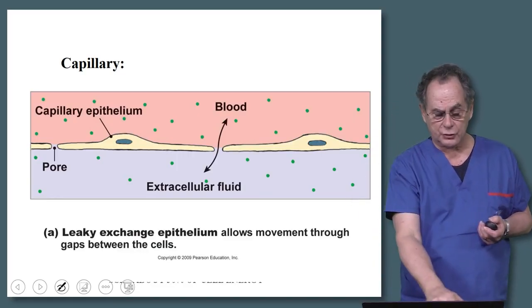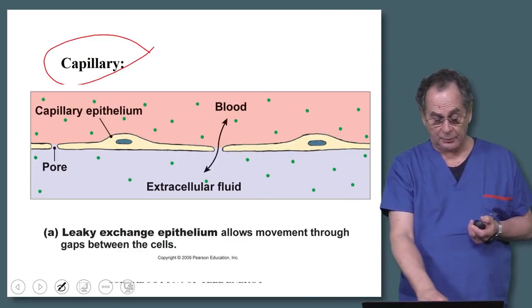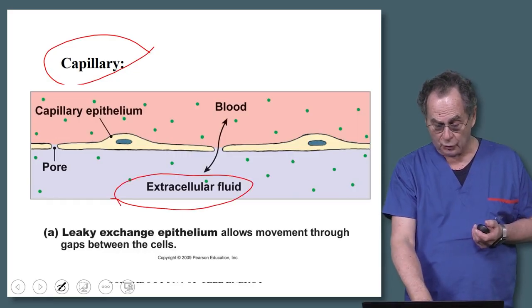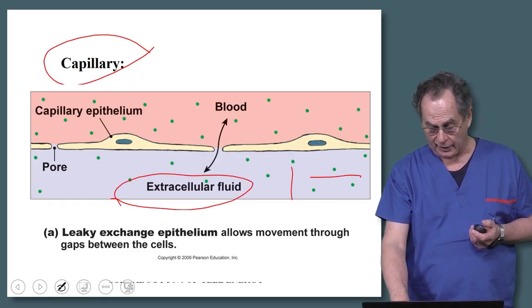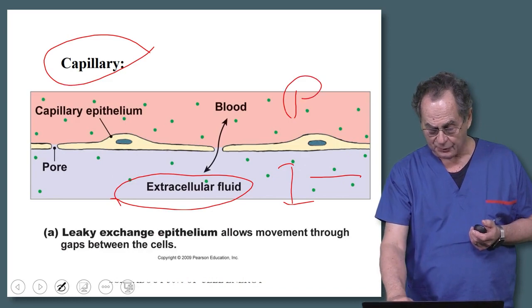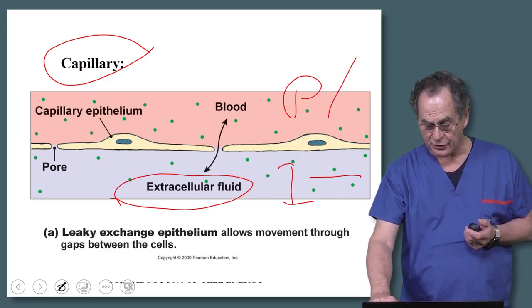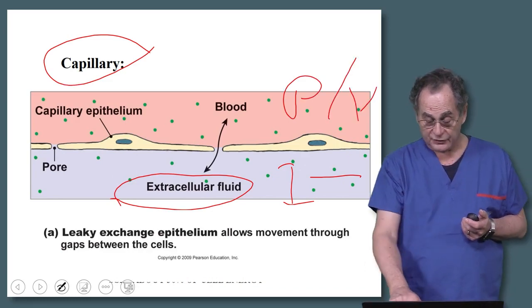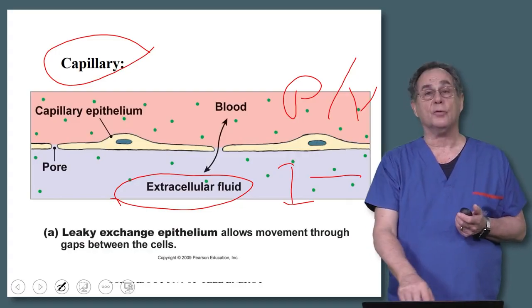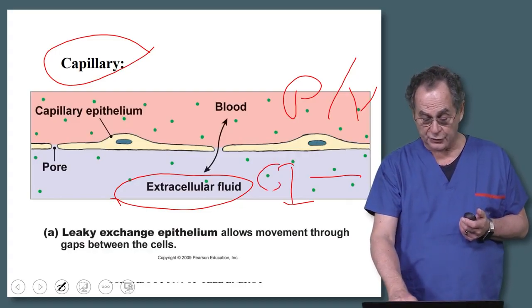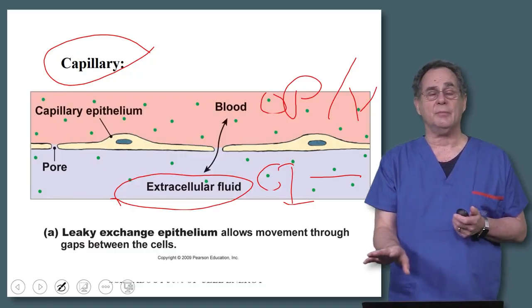So let's look at a cartoon of a capillary. In this example, here's our extracellular fluid, which has an interstitial component right here, and this is our plasma compartment or our intravascular compartment. And we've said it's pretty leaky, so water moves across, and we know that the solute concentrations are the same everywhere.